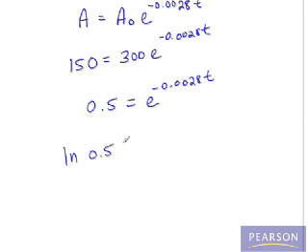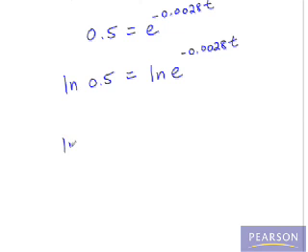To get t out of the exponent position, we'll take the natural log of both sides. So the natural log of 0.5 equals the natural log of e raised to the negative 0.0028t power. On the right hand side, the natural log and the e exponential function are inverses of one another, so they cancel each other out, and we're left with negative 0.0028t.